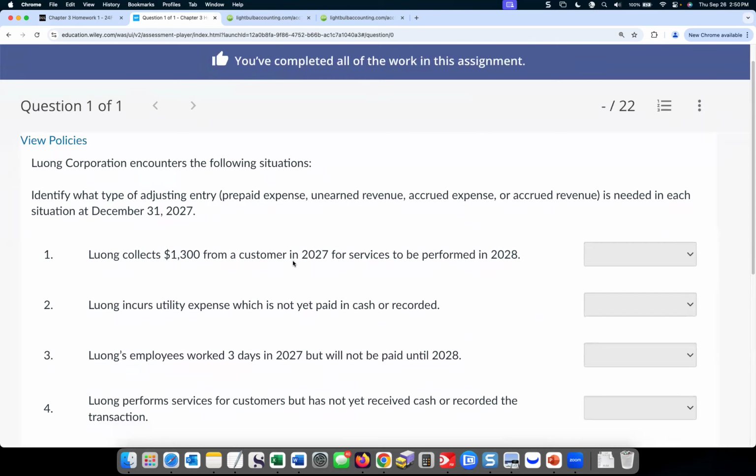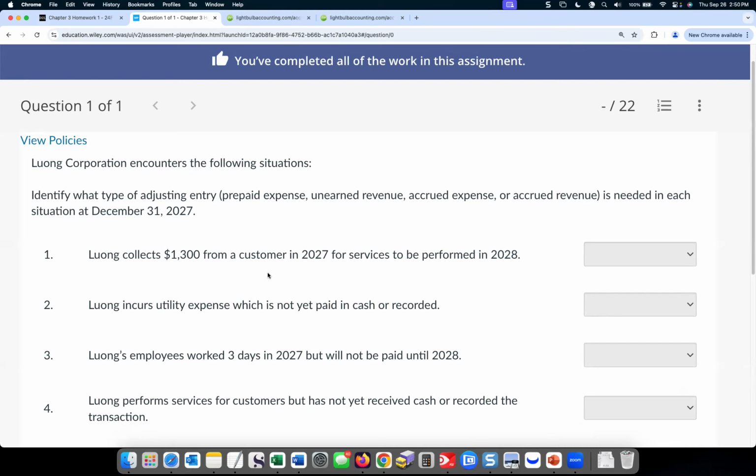First, Luong Corporation, that's how I'm going to say that. I don't know if I'm saying it right, encounters the following situations. Identify what type of adjusting entry, there's our 4 that we have learned about, is needed in each situation at December 31st, 2027.